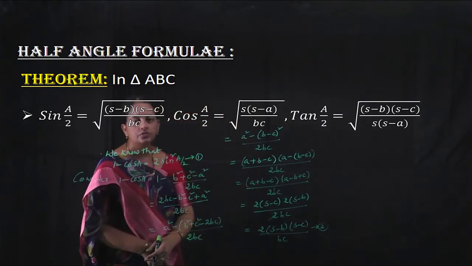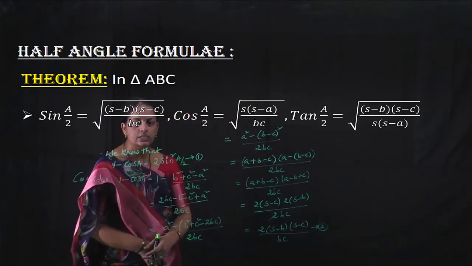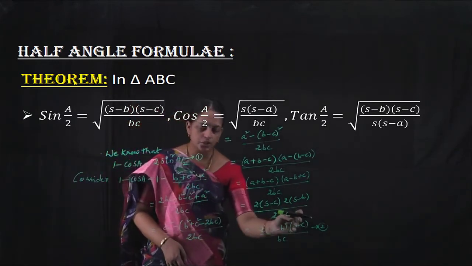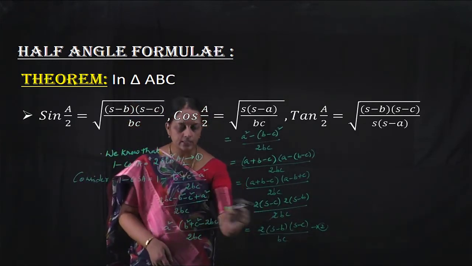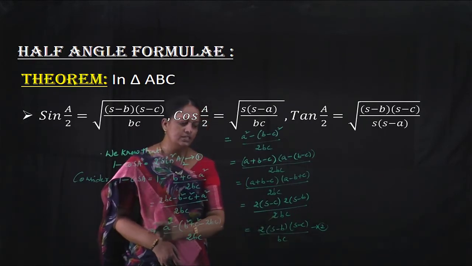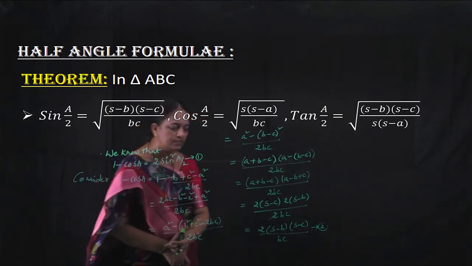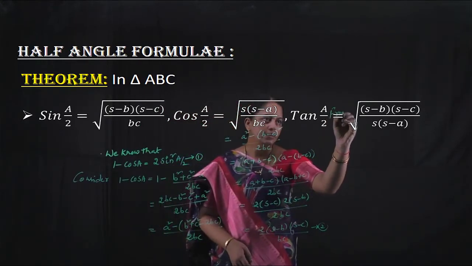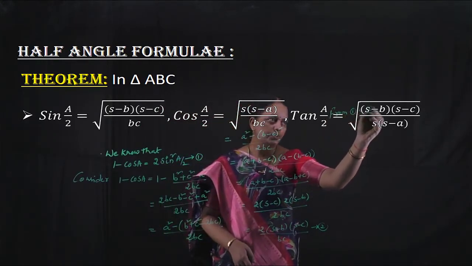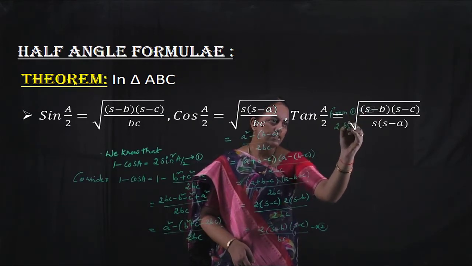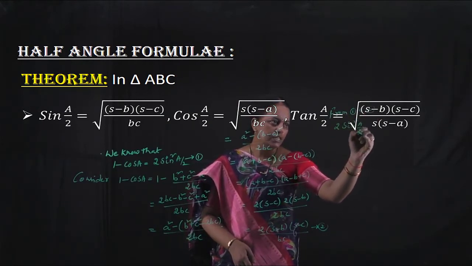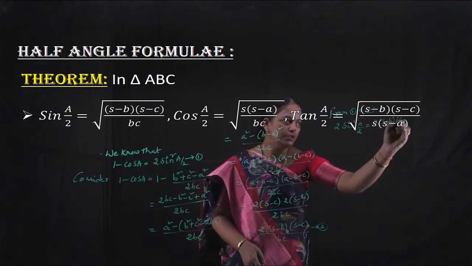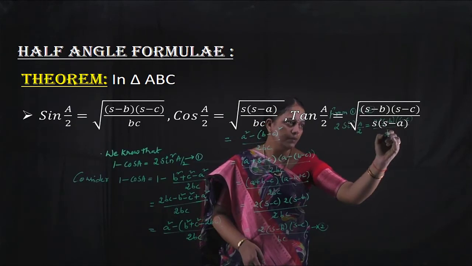From equation 1, we have 1 minus cos A is equal to 2 sin square A/2. And from equation 2, we have 1 minus cos A is equal to 2(s minus b)(s minus c) by bc. From 1 and 2, we can write 2 sin square A/2 is equal to 2(s minus b)(s minus c) by bc.